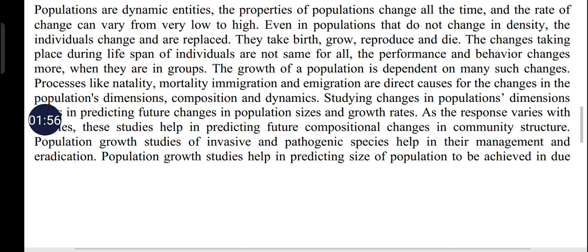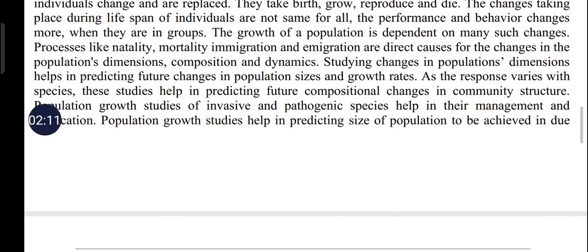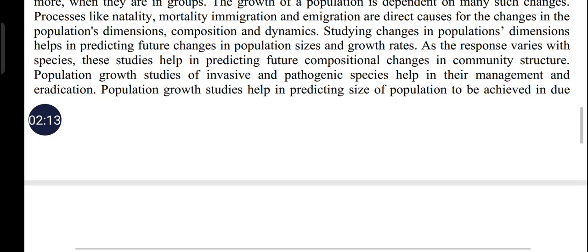The growth of a population is dependent on many such changes. Processes like natality, mortality, immigration and emigration are direct causes for changes in the population dimensions, compositions and dynamics. Studying changes in population dimensions helps in predicting future changes in population sizes and growth rates.